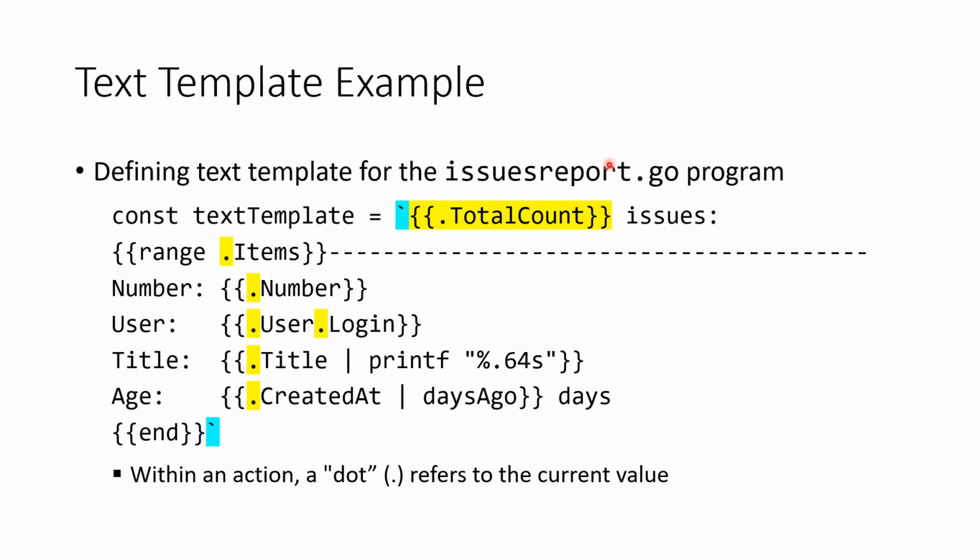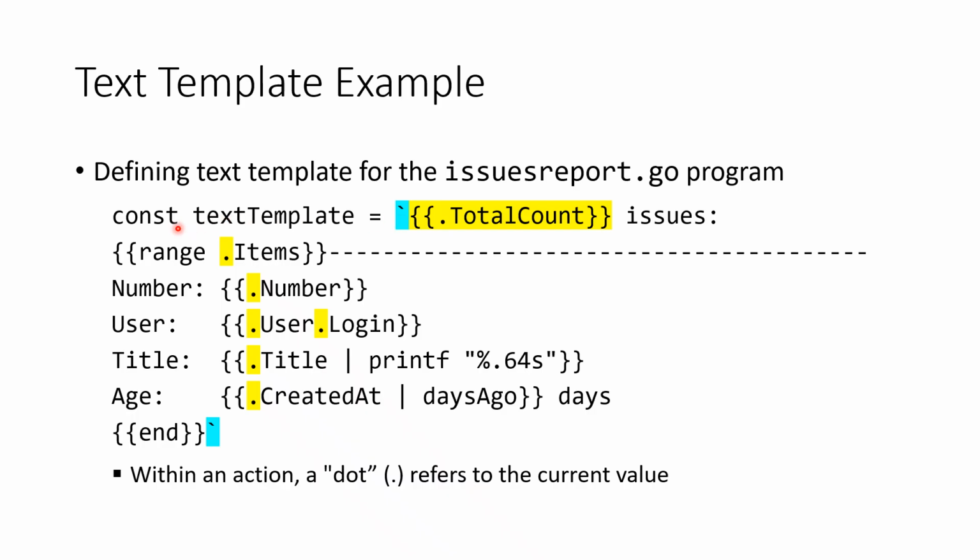As an example, we define the following text template for the new GitHub issue tracker program named issuesreport.go. The text template is the string enclosed in the two backticks. Recall that the backtick indicates a raw string literal instead of an interpreted string literal.